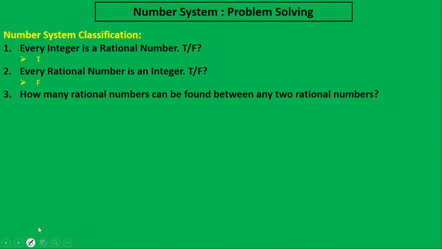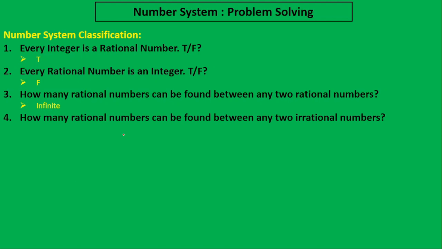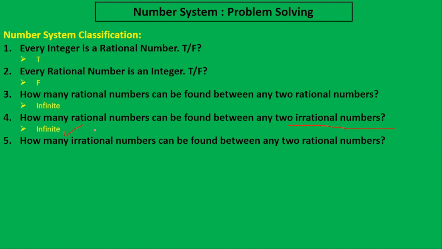Next, how many rational numbers can be found between any two irrational numbers? Irrational numbers we will see later on, but the answer will be infinite. How many irrational numbers can be found between any two rational numbers? Irrational numbers we will read about, but again the answer will be infinite.